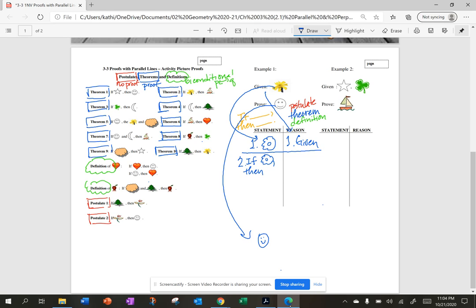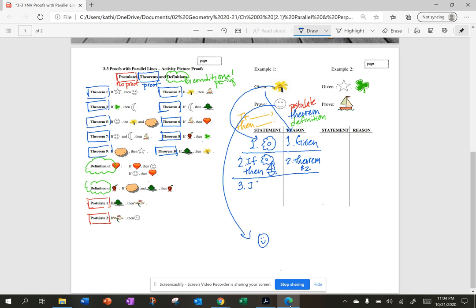So I'm going to use theorem number 2. So if I get a flower, then I can get a boat. So I can get a boat. And I'm going to say this reason is theorem number 2. So now that I have a boat, I start with the boat.